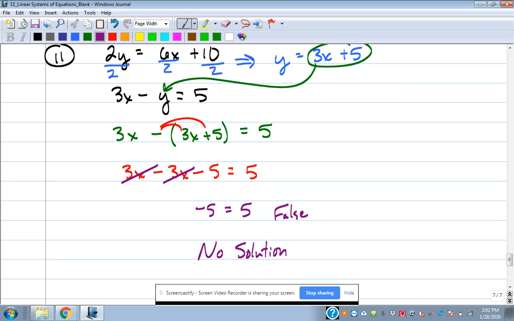But the variables all have to cancel out for it to be either a no solution or an infinite solutions situation. And it's all dependent on whether that's true or not. If it's the same number on each side, then it's true. It's an infinite solution. If it's different, like this one is, then it's no solution. And you just write those words out. Write no solution. If it's infinite solutions, just write infinite solutions. Or you can just write the word infinite. I'm not going to be too picky about that.